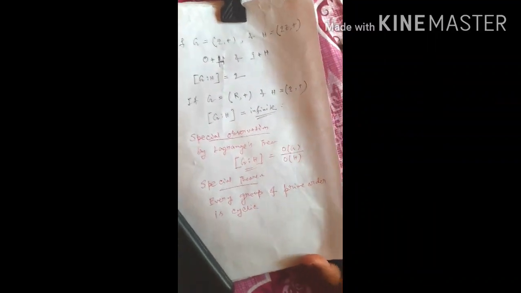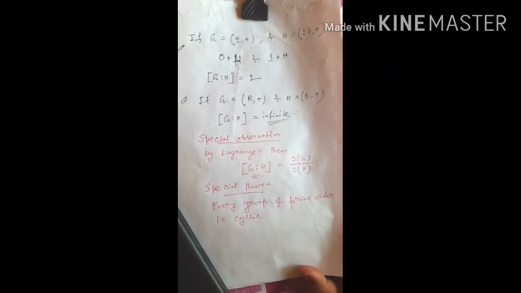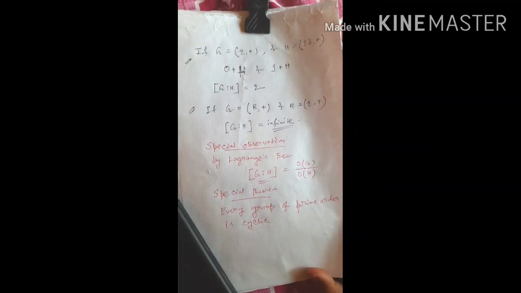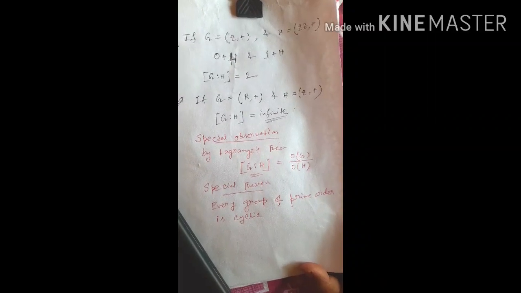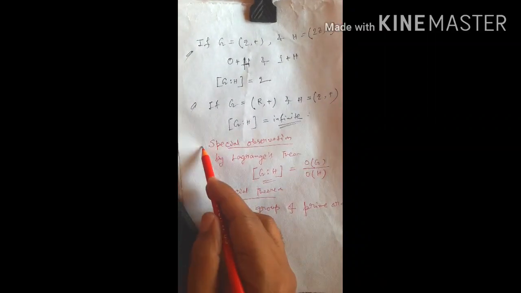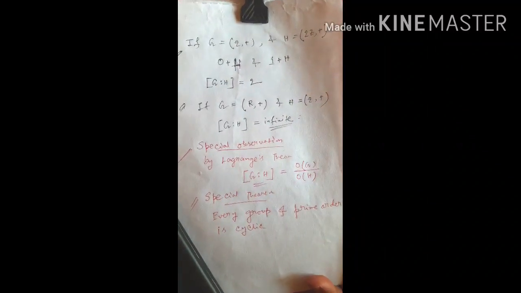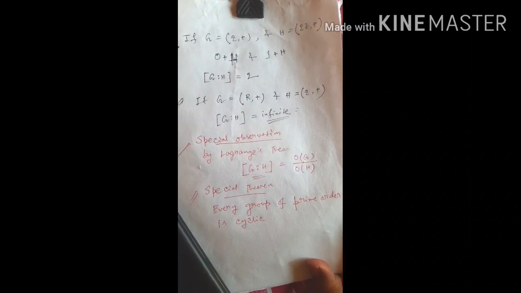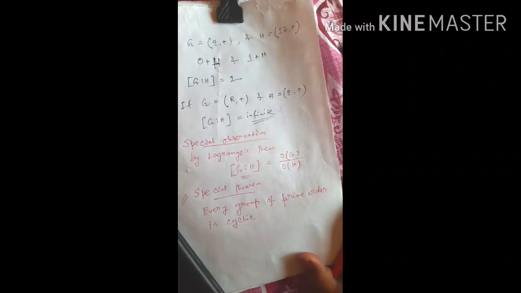It can be proved by Lagrange's theorem and the concept of cosets. This theorem is very helpful for solving some problems. These two, the special observation and this special theorem, are very helpful to solve various types of problems in this topic.